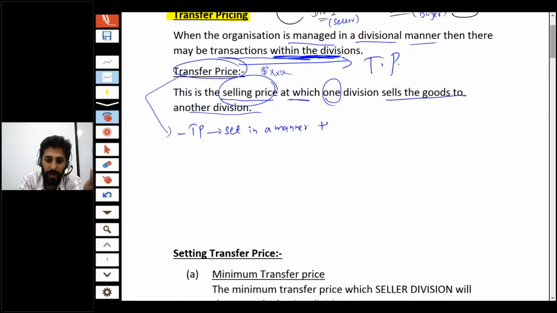PP set in a manner that both divisions should be in profit.